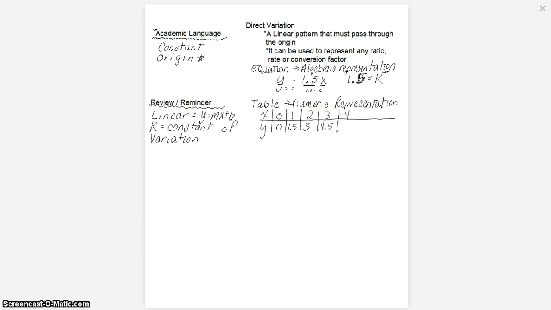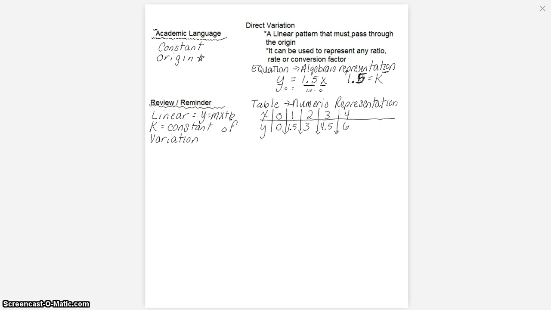Okay. And 1.5 times 4, which would be 6. Okay. And you can also tell that we're adding 1.5 every time we make a bigger number in the y's part of the table, okay?